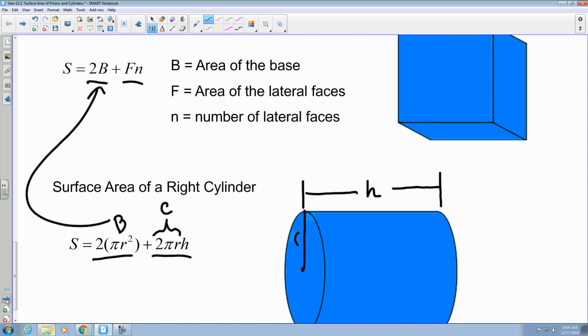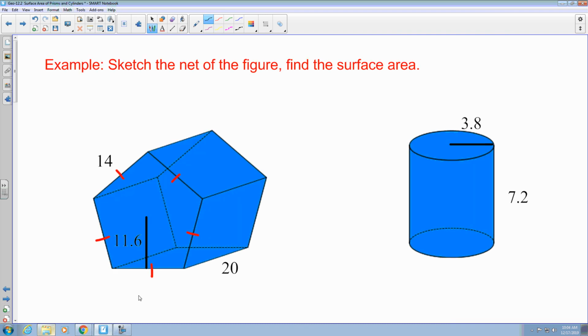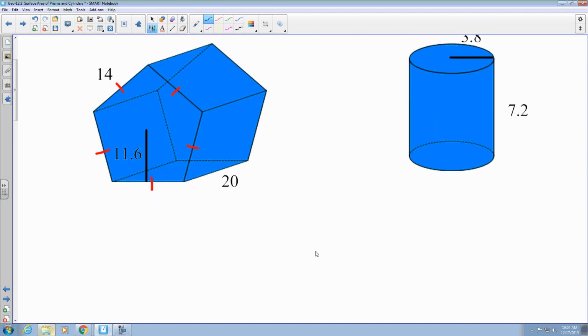So first things first, they want us to sketch a net of the figure, then find its surface area. In this one here, I have 1, 2, 3, 4, 5. That's a 5-sided figure, so it's a pentagonal prism.